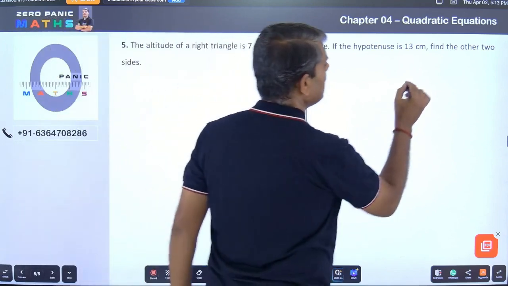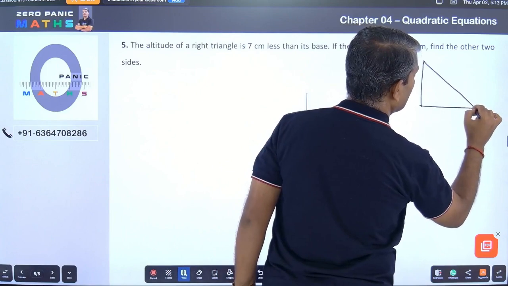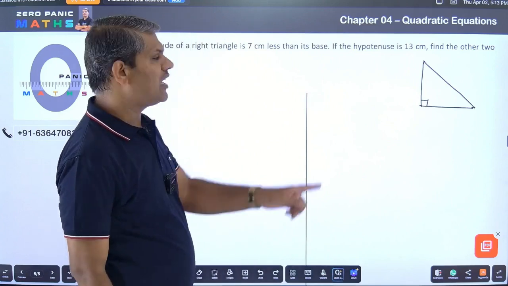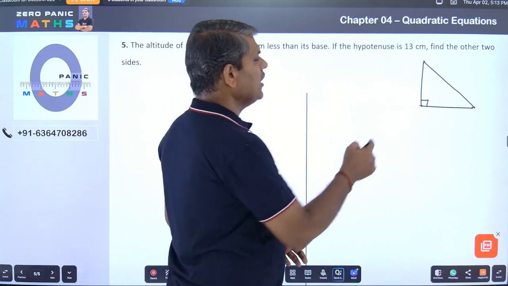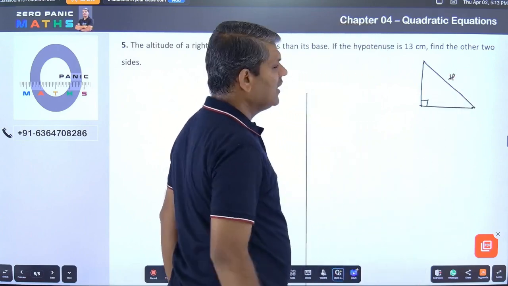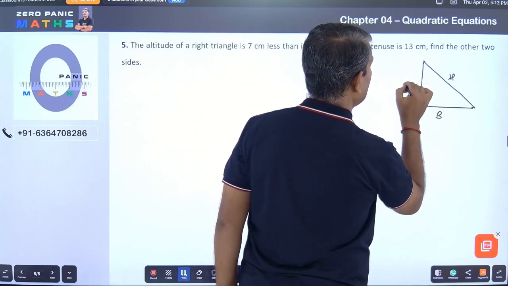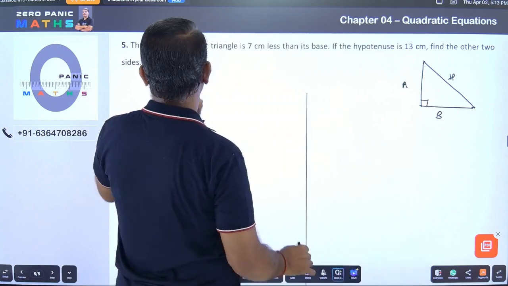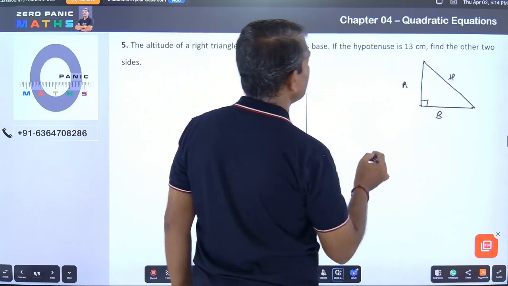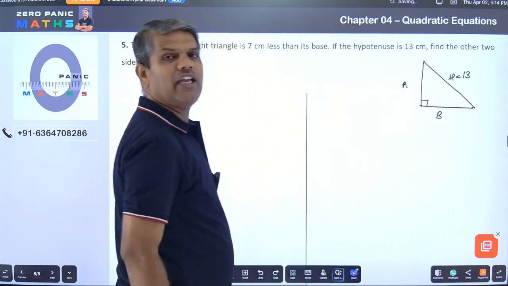Now let us just draw that right angle triangle here. A right angle triangle is a triangle with 90 degree, and opposite to the 90 degree is called the hypotenuse. And this is base and this is altitude or height, you can say. Now hypotenuse they have given as 13, so that is already given.